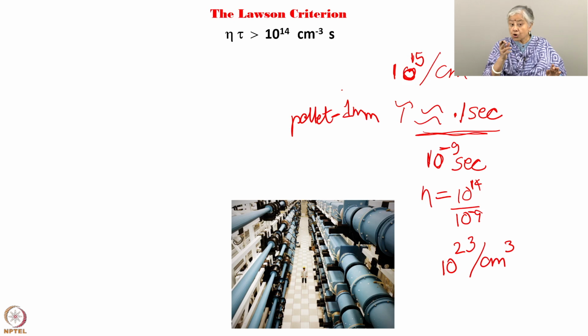And the shock wave that I spoke of in the previous lecture, the shock wave that is traveling through this pellet, is at the speed of sound, which is somewhere close to 10 to the power 6 meters per second.